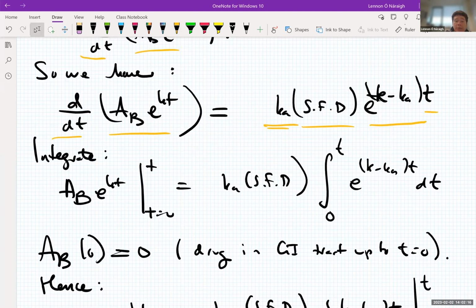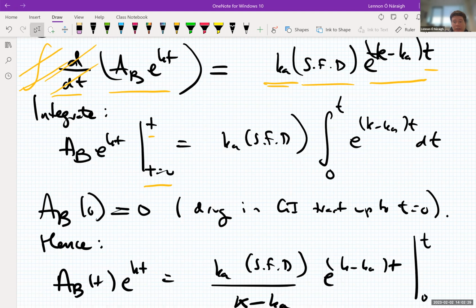I now integrate both sides from t equals 0 out to t. On the left-hand side, I'm doing an integral and a d by dt, so these are self-canceling operations. I'm left with AB e to the Kt evaluated at the endpoint t minus the start point t equals 0. On the right-hand side, I have a constant Ka SFD, and then the integral of e to the K minus Ka t dt.